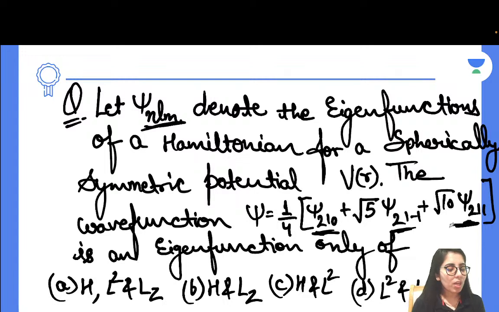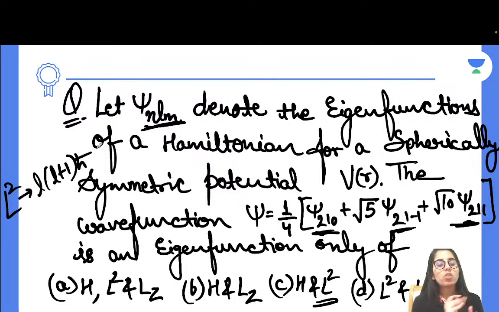But at the same time, let's consider L², which is l(l+1)ħ². If you look at the l values in all the terms, they are 1, 1, 1. It depends on the similar l values for all three terms, right? So in that case, what will happen?